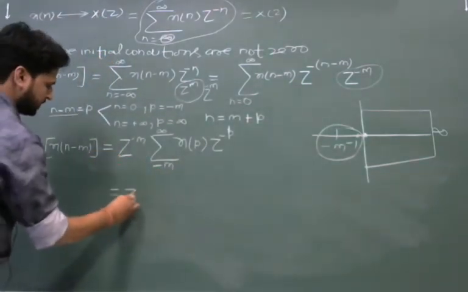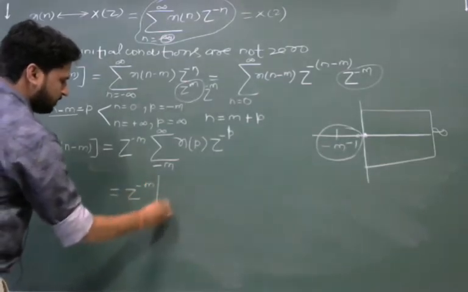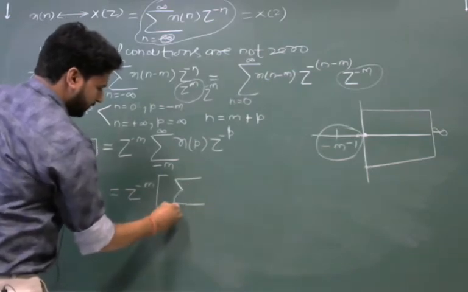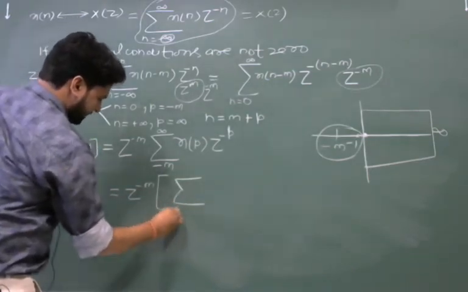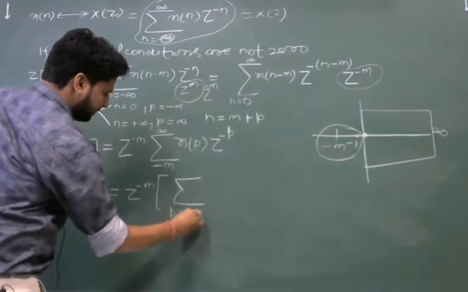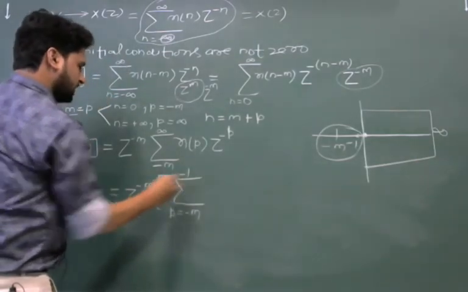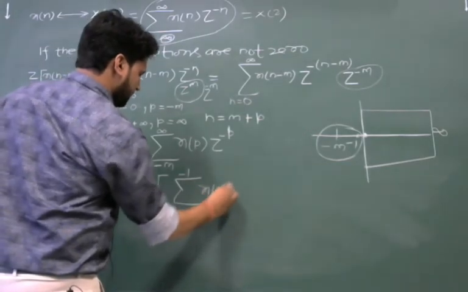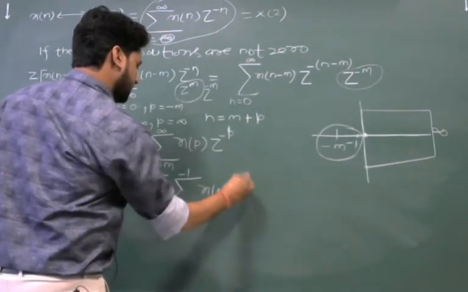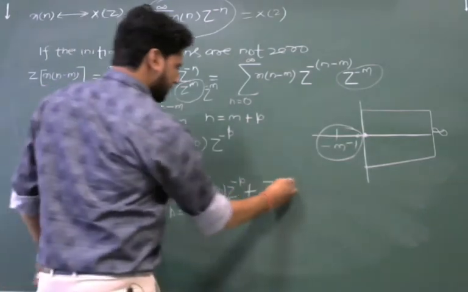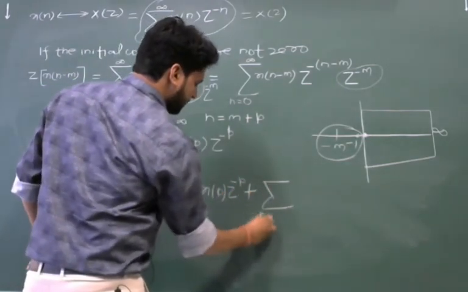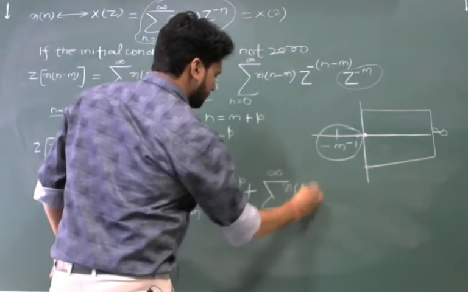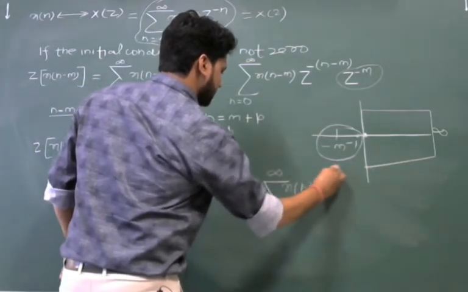This is equal to z power minus m, I will put sigma p is equal to minus m to minus 1 x of p into z power minus p, plus sigma p from 0 to infinite x of p into z power minus p.